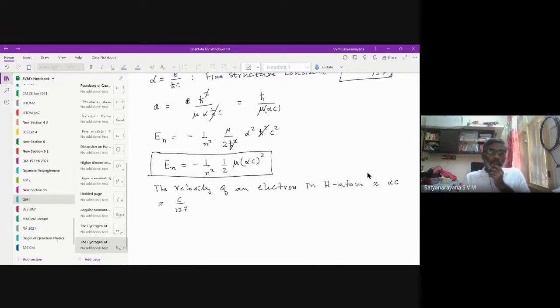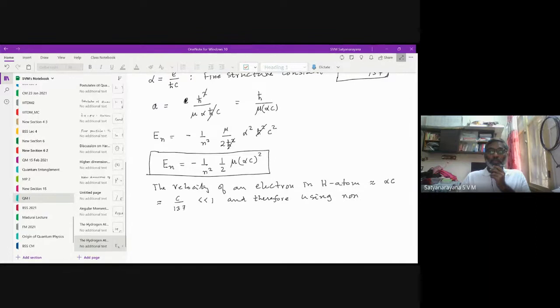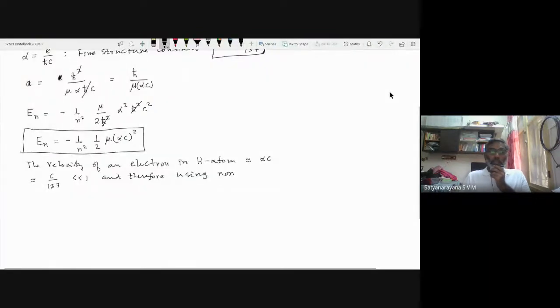So this is much less than 1, and therefore using non-relativistic quantum mechanics is justified.